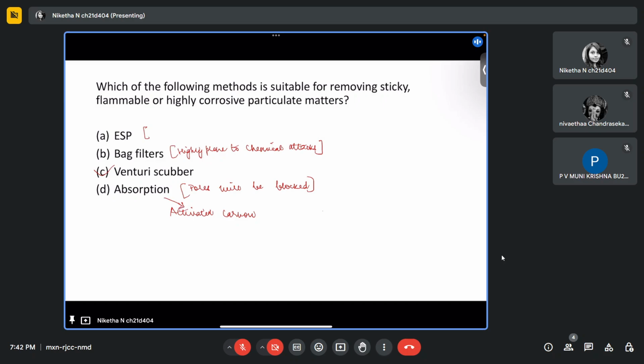So you have some long pores, and if there is a sticky substance, it will just block the entrance to the pore. So when you have some pollutant which actually needs to be removed, it cannot enter it. That's why all the other options are incorrect. So when you have something which is corrosive and sticky, it's better to use a Venturi scrubber to remove it.